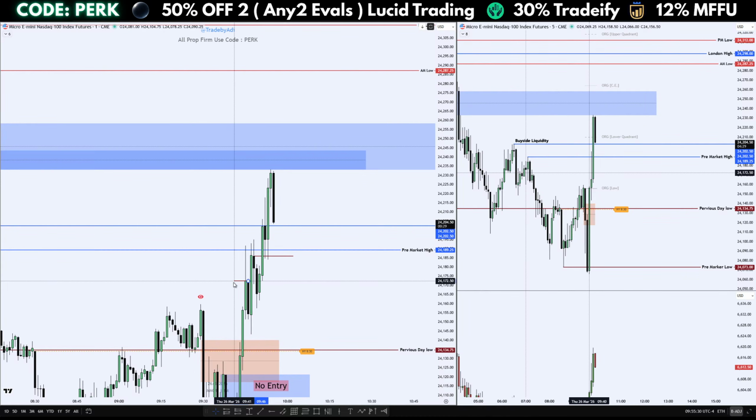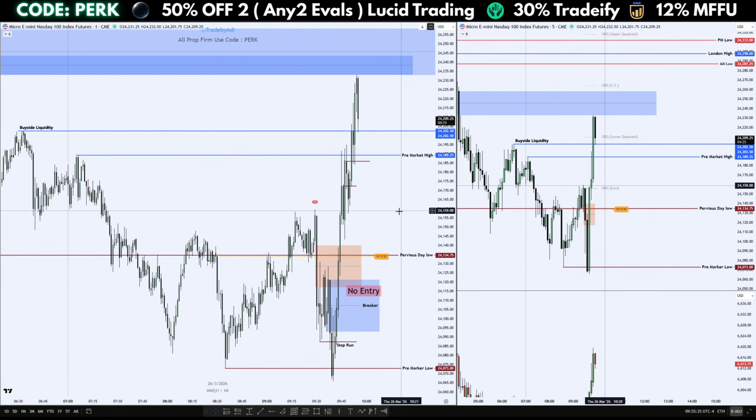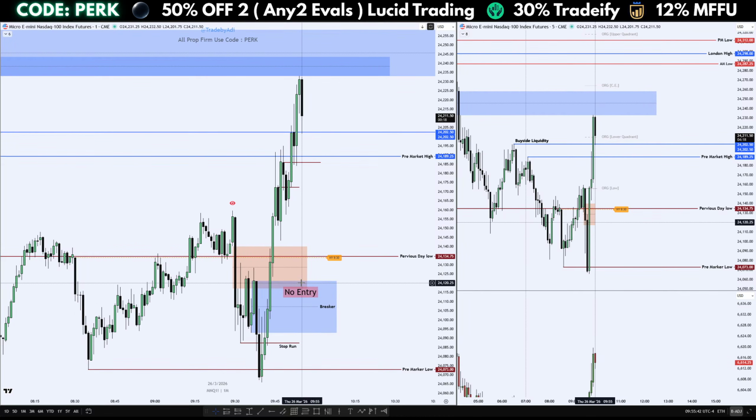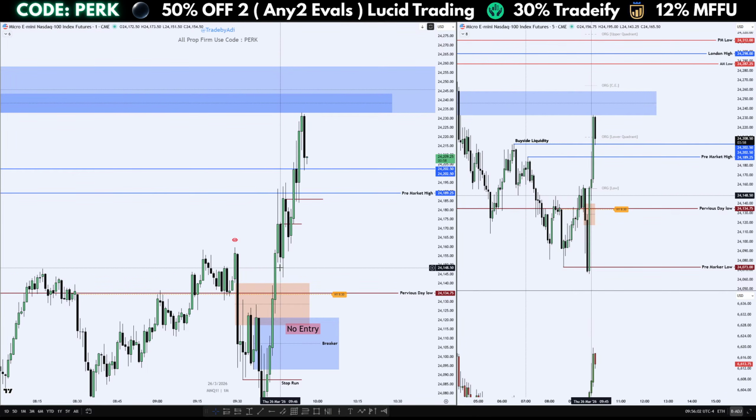But this is not my setup, because if you ask me what is your setup, I look for the stop runs, and I like to enter on the IFVG or the breaker block or the order block, and none of them has given me any entry. This IFVG has been confirmed after this, and even if I wanted to long on this IFVG, it has not given me any structure. It did not even tap to this IFVG, and then we tap to this fair value gap.